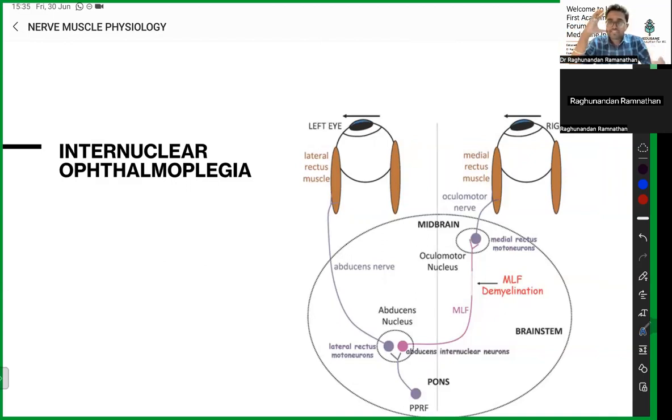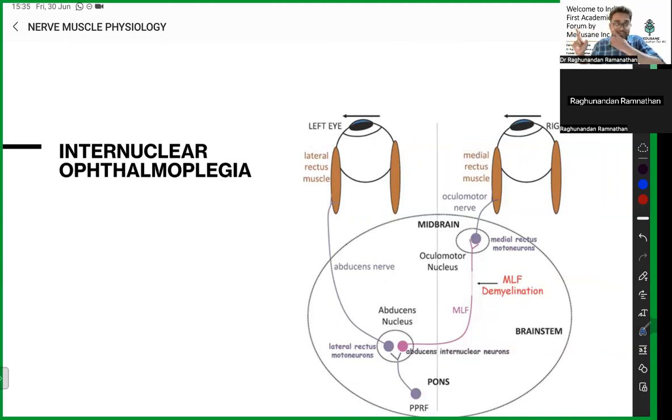Now, if I want to look towards my right side, my right eye should look laterally and my left eye should go medially.